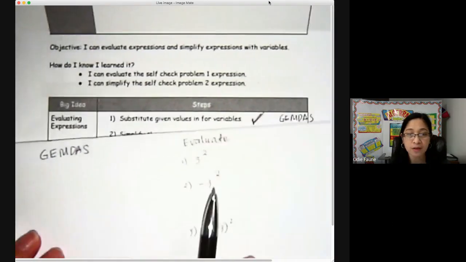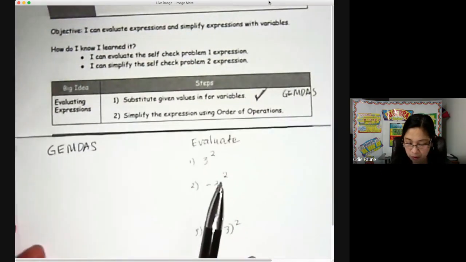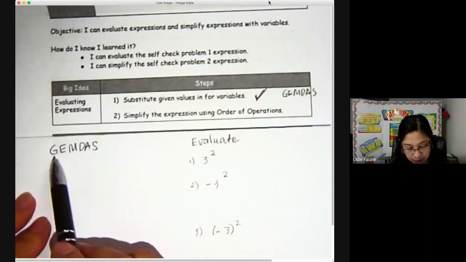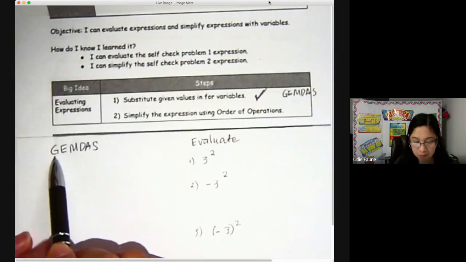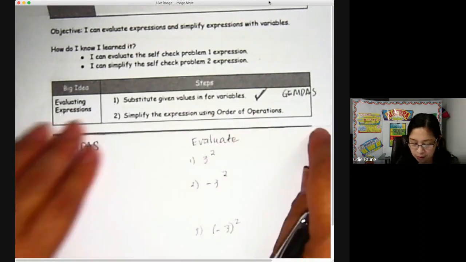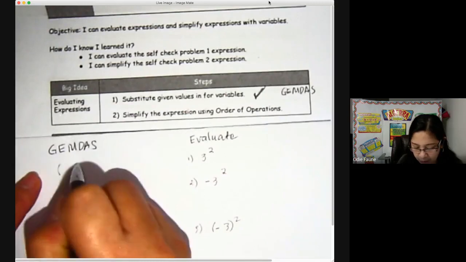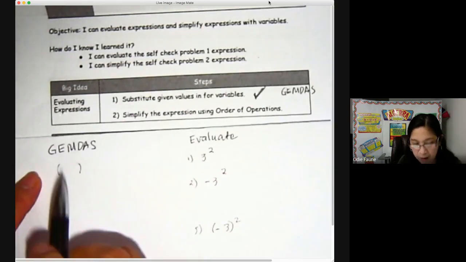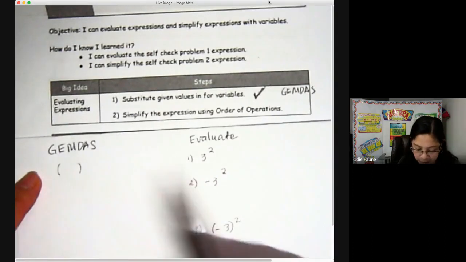So recalling GEMDAS, we finished this in our lesson number 1. First, check the groups. G means grouping symbols. What are the grouping symbols? Parentheses, like A plus 2, 2 minus 3, 2 times 5, or divide, or whatever.